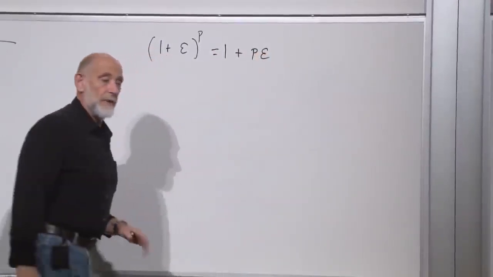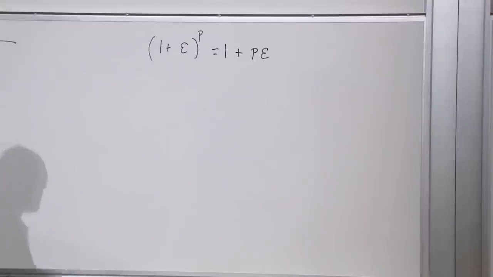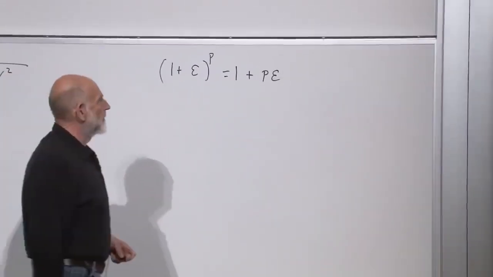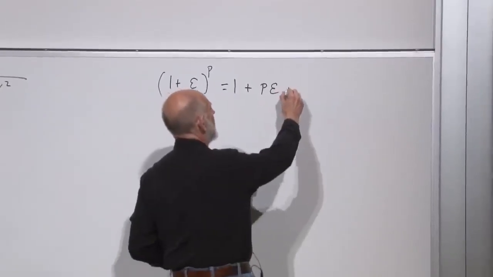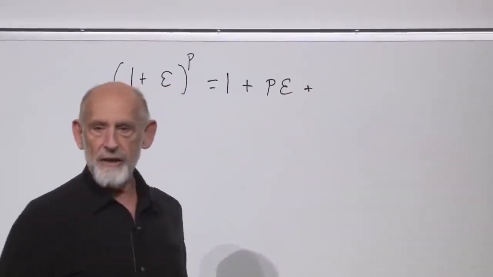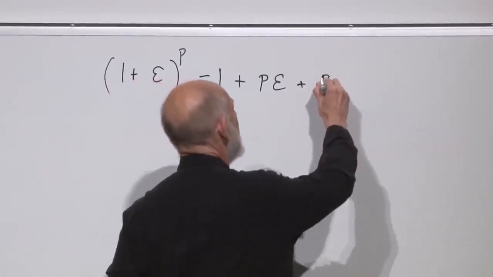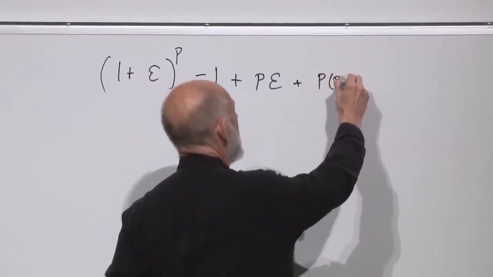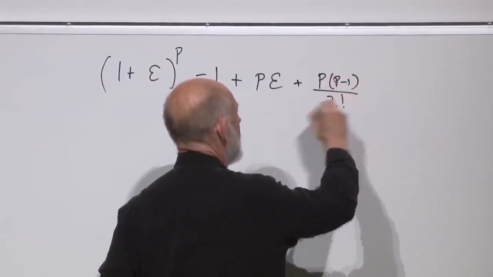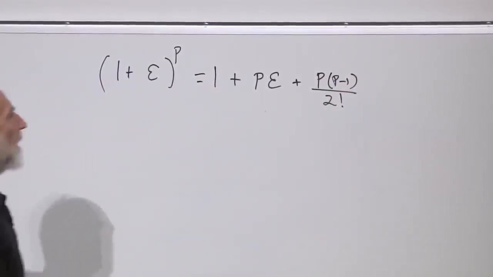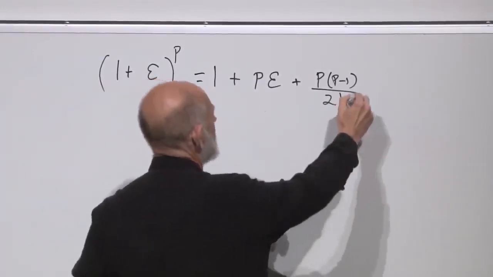Now I'm not going to prove this. This is the standard binomial theorem. And the next term, everybody remember the next term? P choose 2, which is the same as p times p minus 1 over 2 factorial. 2 factorial is incidentally just 2, times epsilon squared.